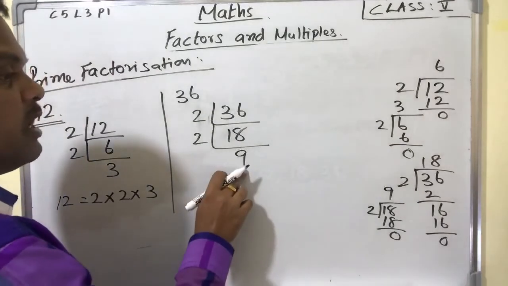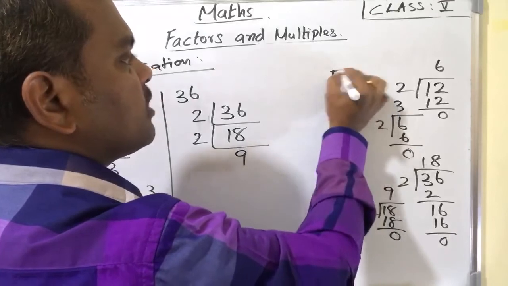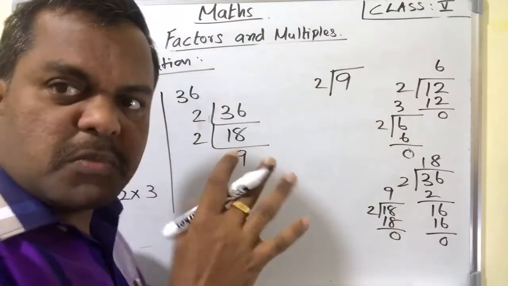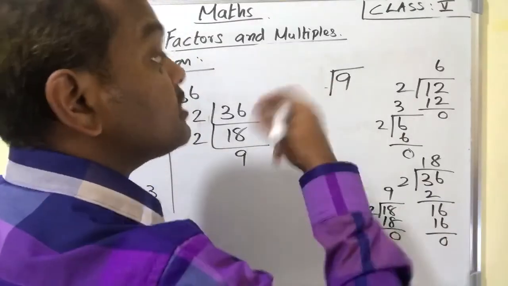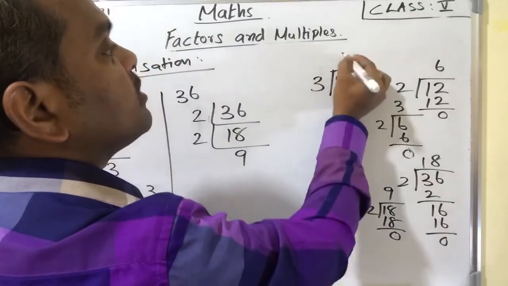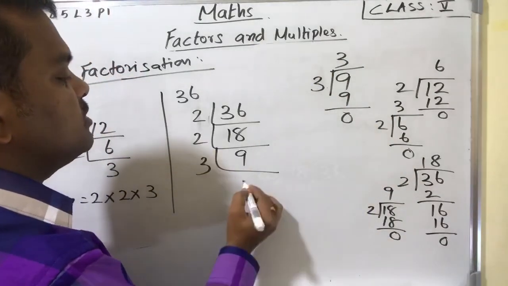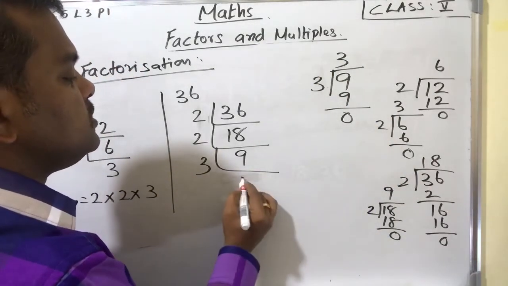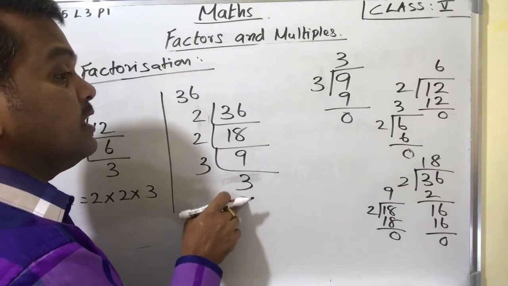Check 9. Can we divide further? Can you divide 9 with 2? Not possible. So check the next prime number. What is the next prime number? 3. 3 3s are 9, balance 0. Check the remainder. 3 is a prime number.